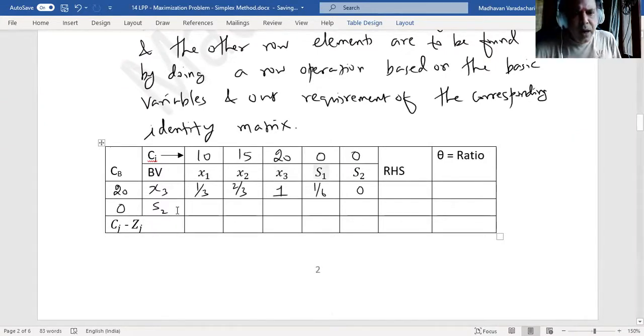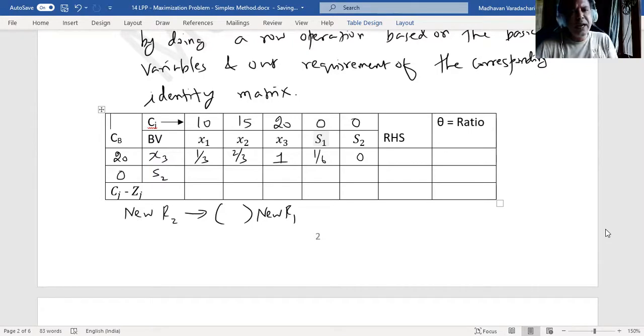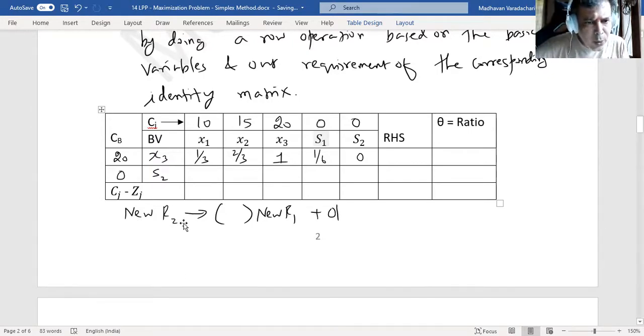Okay. Now, how do we evaluate the second row elements? We will use this particular formula. New row 2 elements can be evaluated as something times this new row 1, whatever we wrote now, plus old row 2.